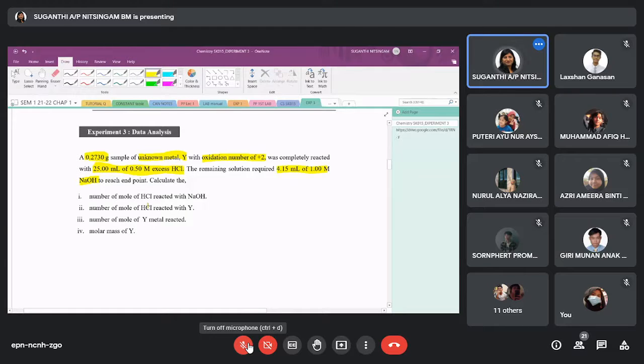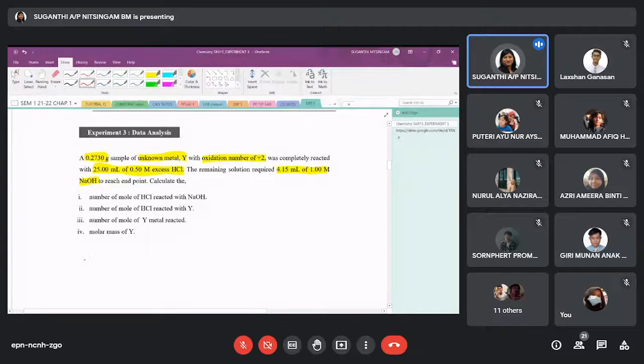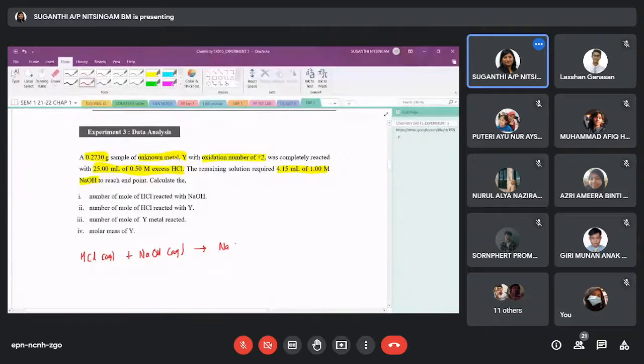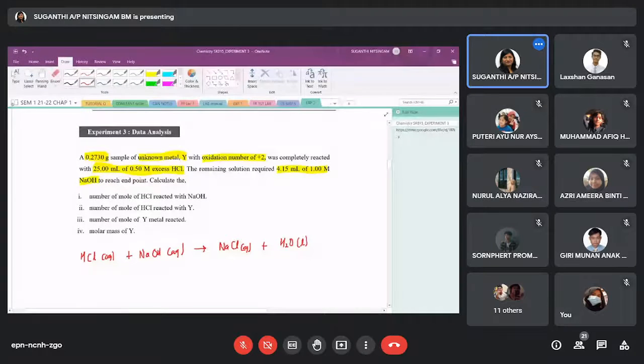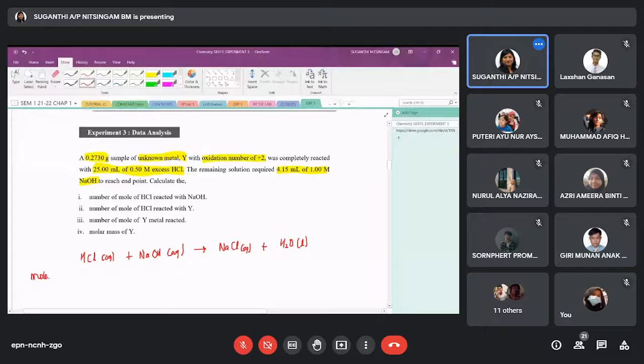Tolong buat dulu. First step, tulis equation dulu. So here we have HCl plus NaOH, what do you get? NaCl tambah H2O. Liquid. Okay, so cari dulu moles of HCl. Moles HCl.